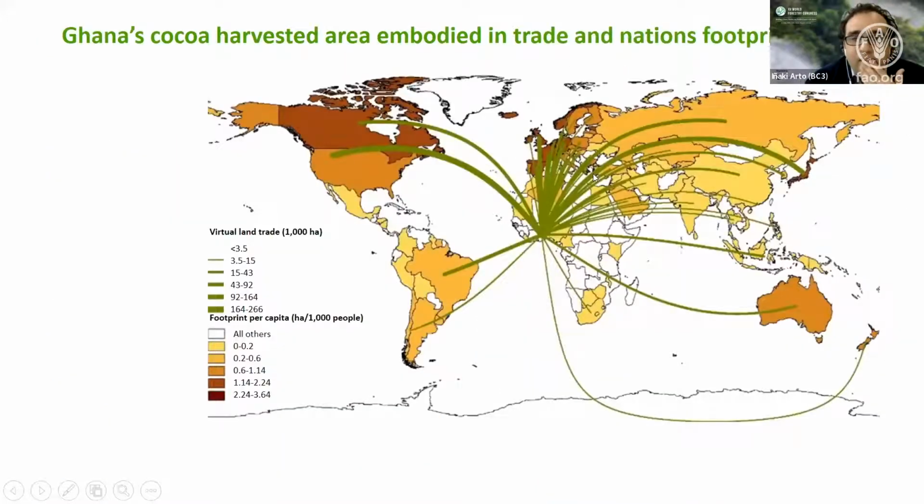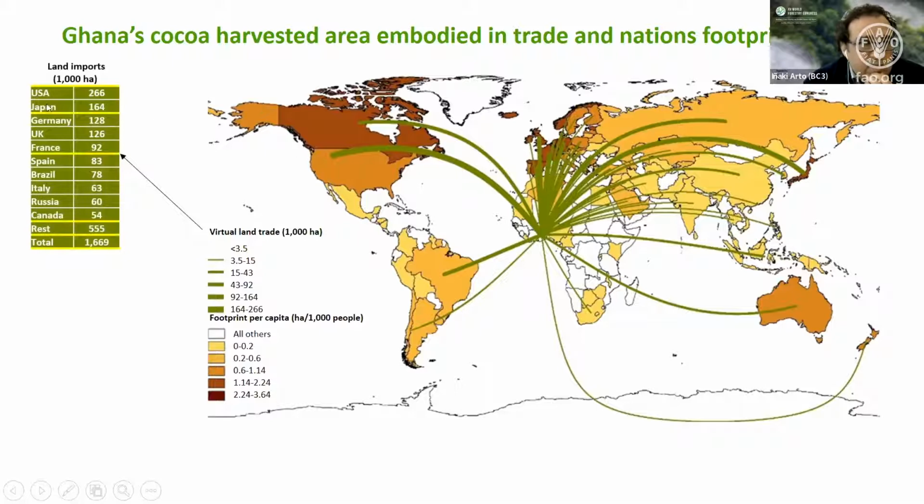Another case study that we have prepared for this session is an analysis of Ghana's cocoa harvested area that is embedded in trade, and the nation's footprint of cocoa harvested area in Ghana. So here we have these lines that represent the virtual land trade between countries, and the colors represent the footprint per capita of the different countries.